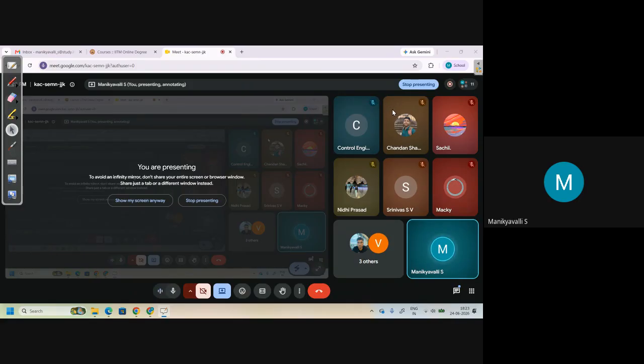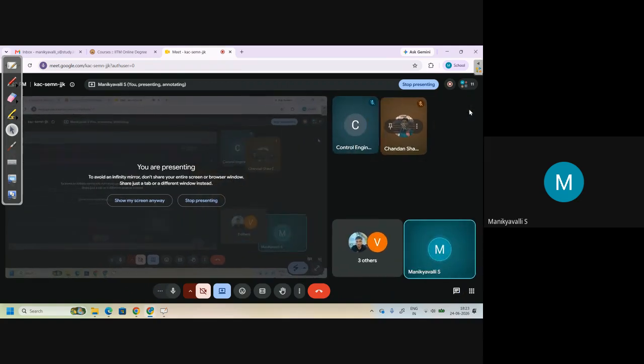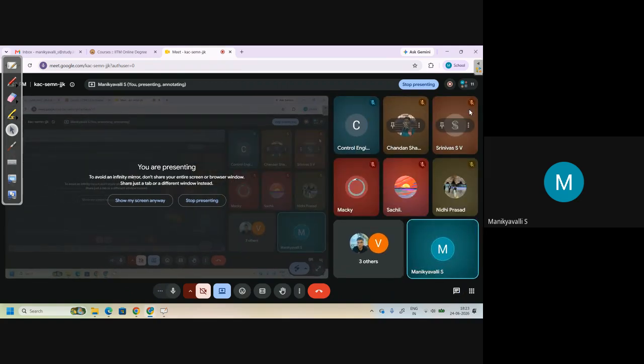Everything is clear now? Okay, next class we will go through the problems on inverse Laplace transforms and properties of Laplace transforms. Is it fine?